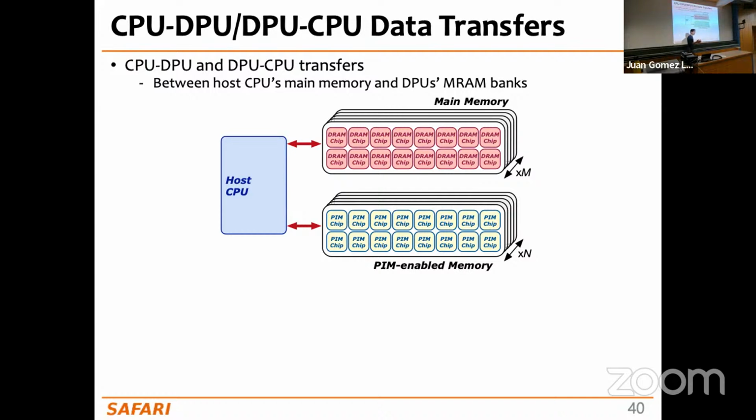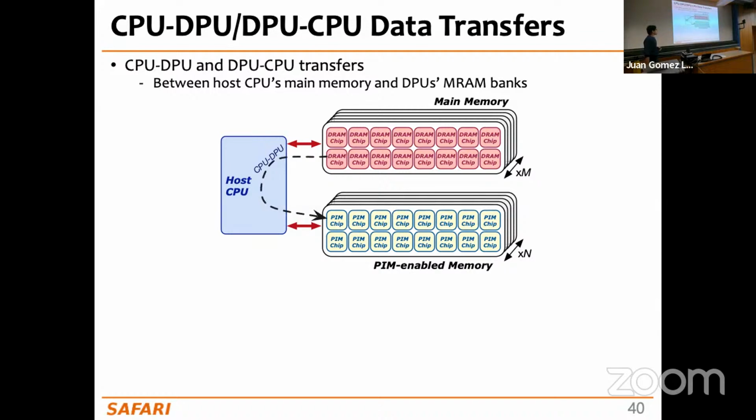For whatever reason, my program might need to move data from an MRAM bank in this PIM chip to an MRAM bank in this PIM chip or in a PIM chip in another DIMM. I'll always have to do that through the main memory back and forth, right? So as you can imagine, that's going to be an important overhead for those workloads that require a lot of communication of this type.